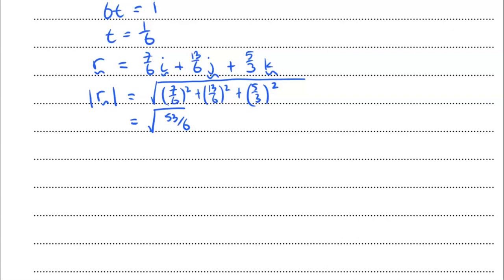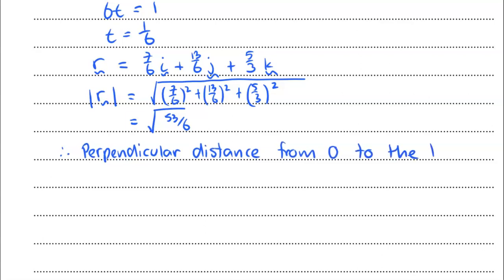We could write that if we want, therefore, it's not a vector, is it? Let's just say line MN is the square root of 53 over 6.